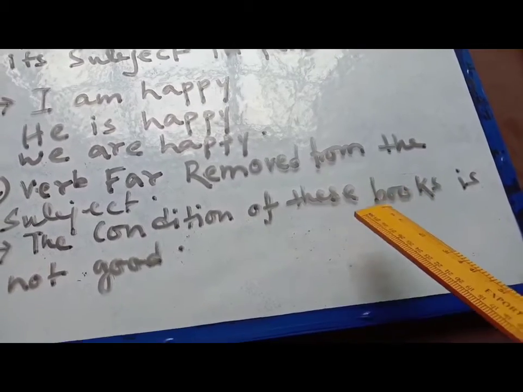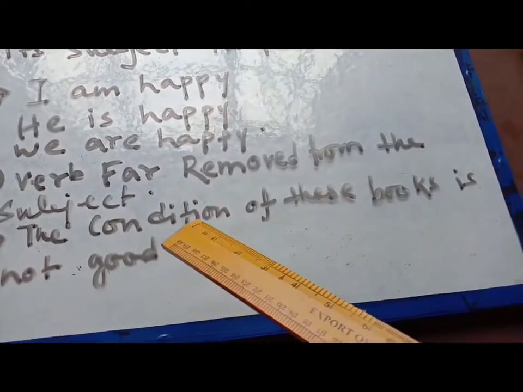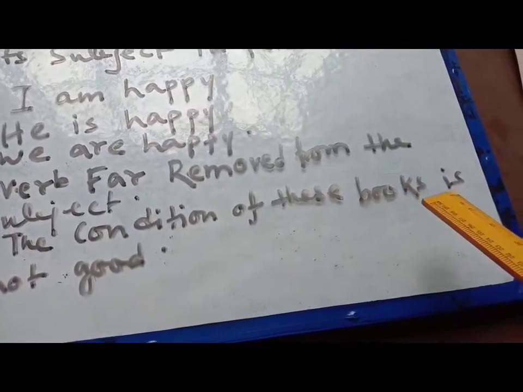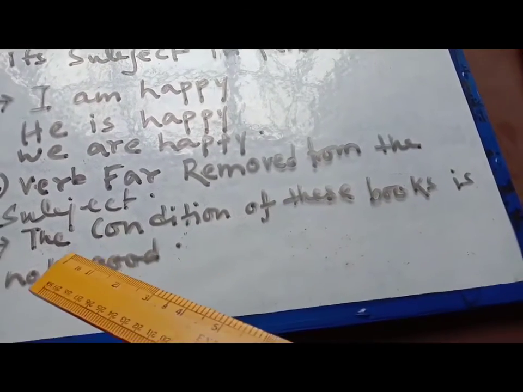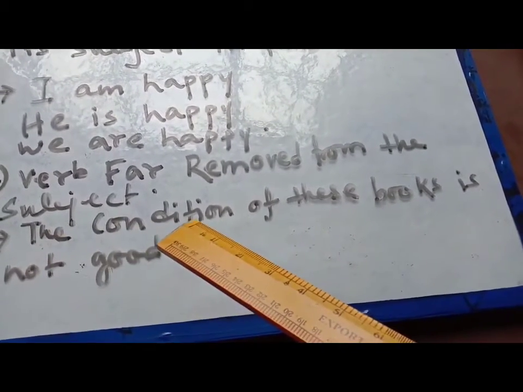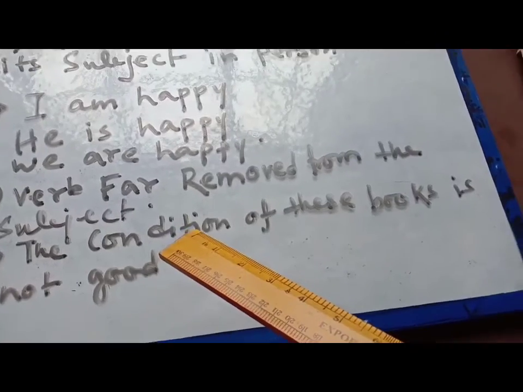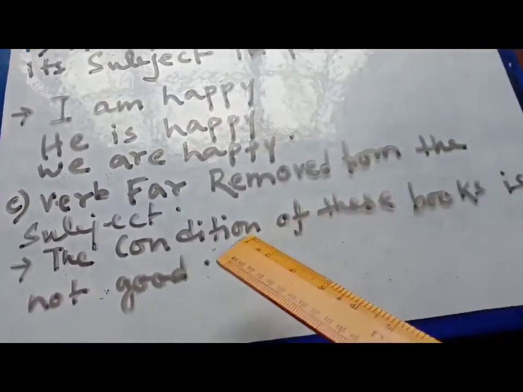That's why according to the subject, the condition, we write is. Generally we make this mistake: seeing books, we think books is the subject and according to it we write are. But no, that is wrong.